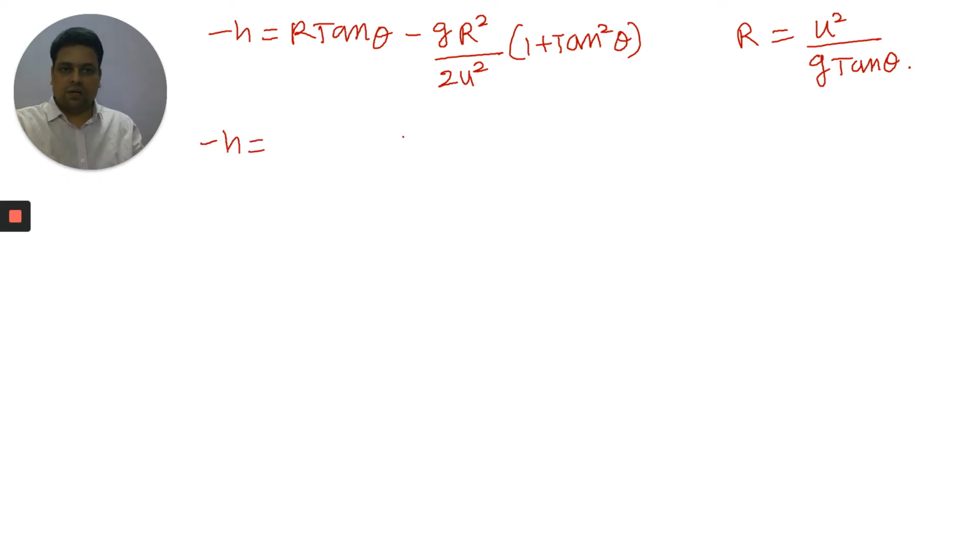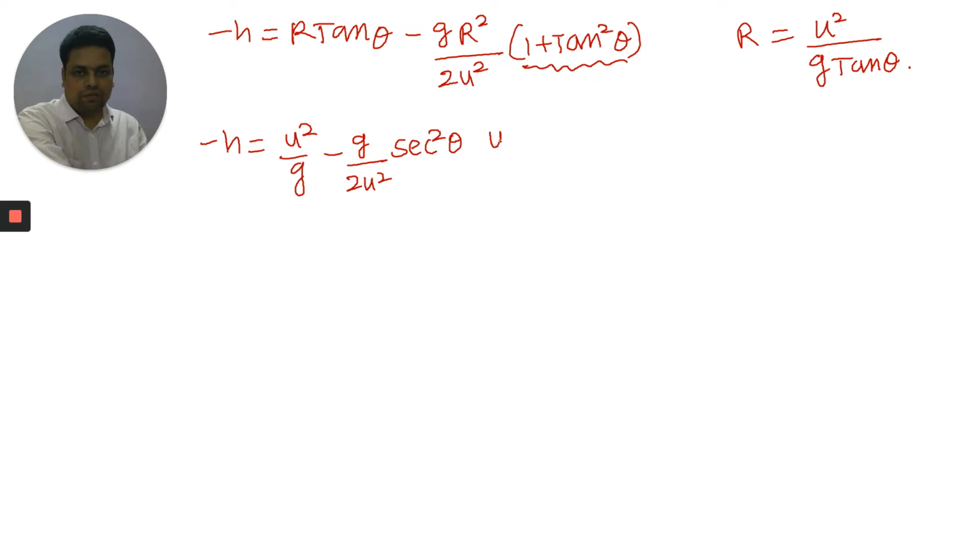If I eliminate r, in the place of r tan theta, I'll get u square by g minus g by 2u square. Instead of 1 plus tan square theta, I'll put secant square theta. R square is there. I'm writing here u power 4 by g square tan square theta.